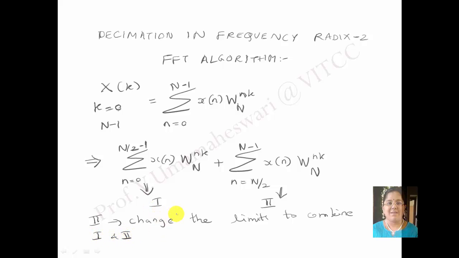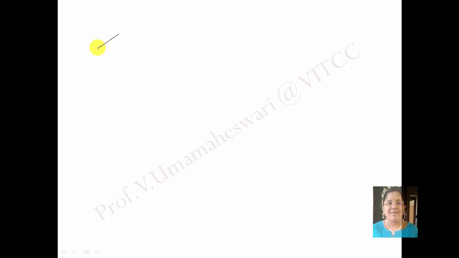How will you change term 2's limits? The limits originally are from N by 2 to N minus 1, x of n. This is term 2. I am writing it again one more time. Now, how do we change the limits to 0 to N by 2 minus 1?